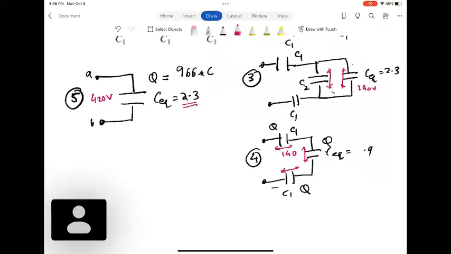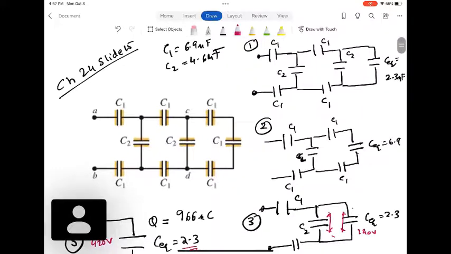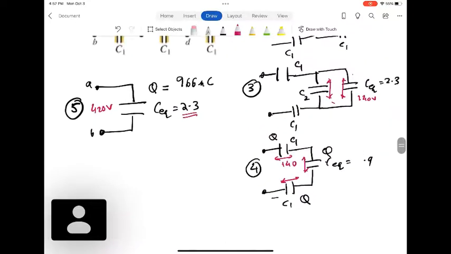Okay, so now knowing that the potential difference across the C2 is 140 volts, we can find out how much charge there is on C2. So C2 was, now I can't read my handwriting, 4.6 microfarads. So C2 was 4.6 microfarads, and it has a potential difference of 140 volts.